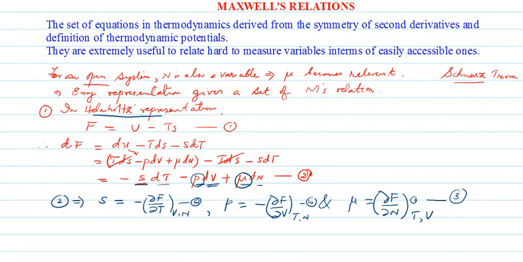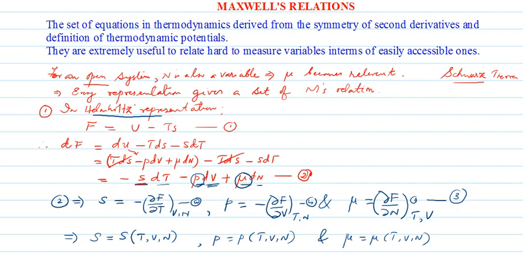We can see that from equation a, S will be a function of T, V and N, because it is related to the free energy through T, V, N. Similarly, pressure can also be written as a function of T, V, N as the natural variables, and the chemical potential mu also can be written as a function of T, V and N through the Helmholtz free energy.